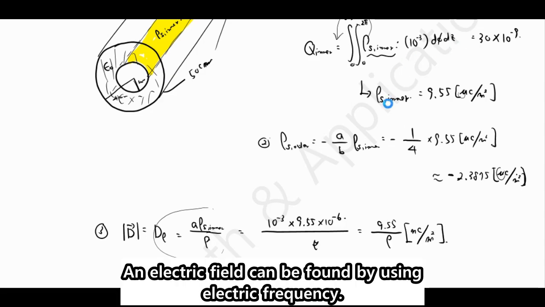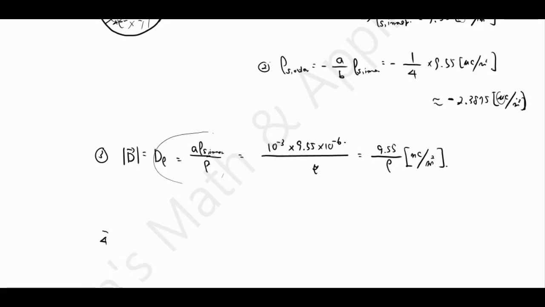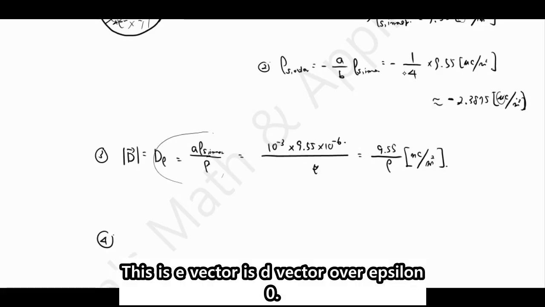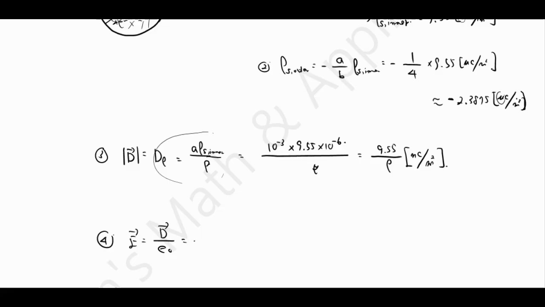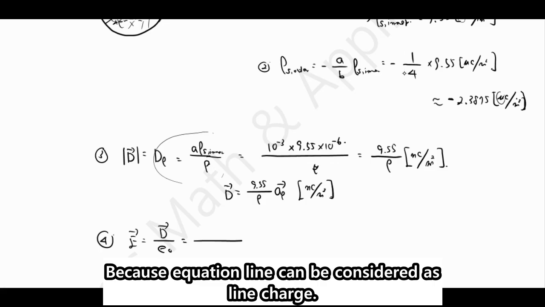And electric field can be found by using electric flux density. This is E vector is D vector over epsilon 0. So D vector is 9.55 over rho a rho vector nanocoulomb per meter square, because the coaxial line can be considered as line charge.